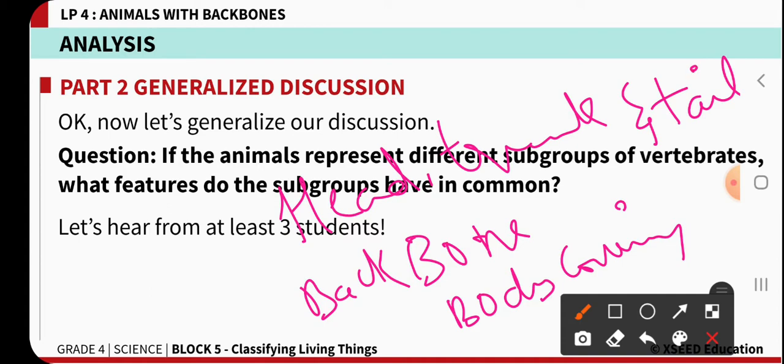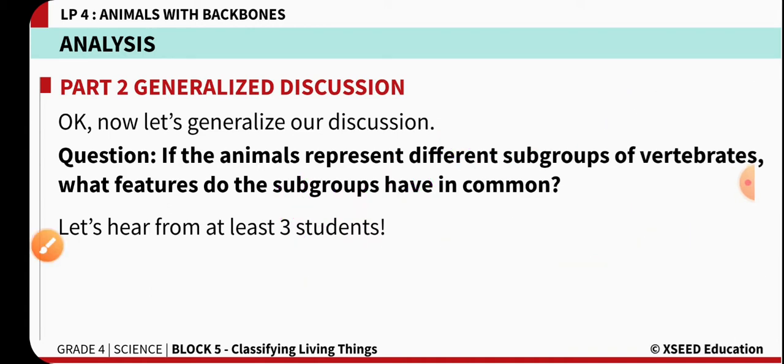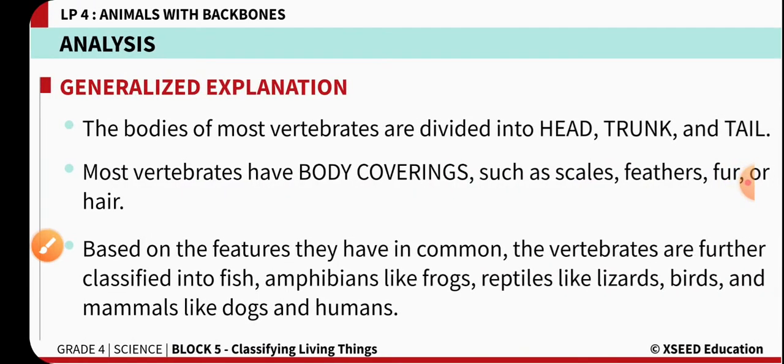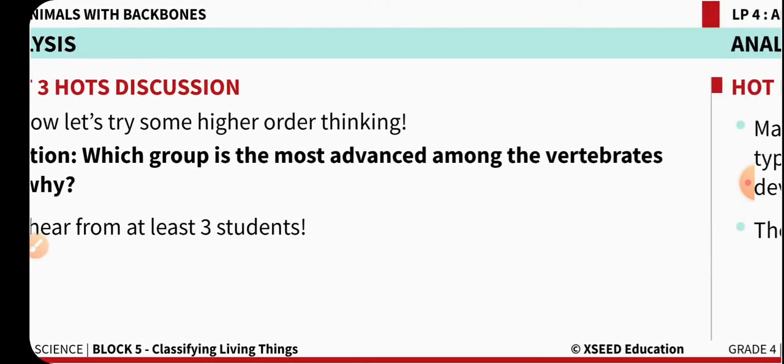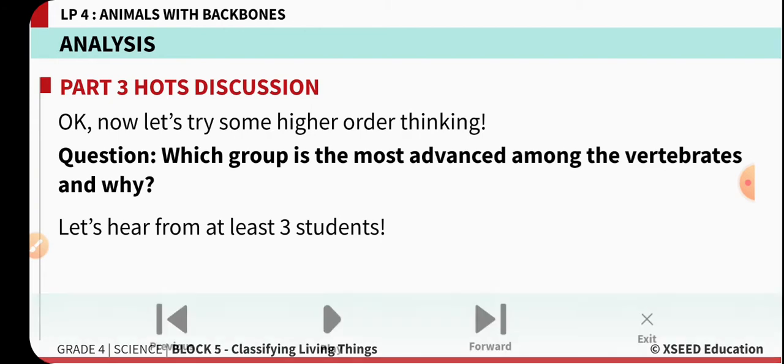So now based on these common features and the differences, we can divide the animals. Based on the common features, children, we can divide all the vertebrates into 5 different groups. One is your mammals, second one is your birds, fishes, amphibians and reptiles.